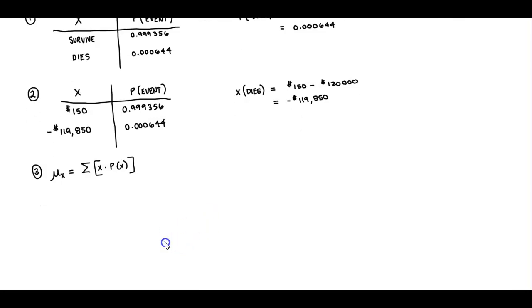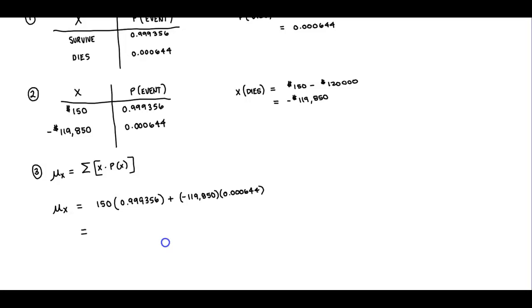So the mean equals $150 multiplied by its probability, 0.999356, plus negative 119,850 multiplied by the probability of 0.000644.